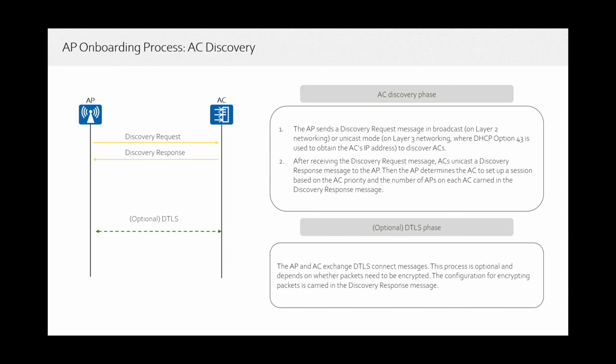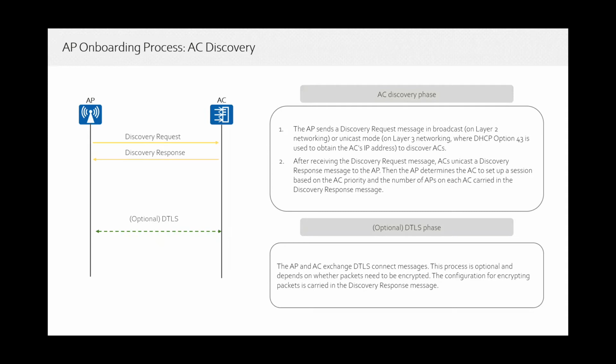After receiving the discovery request message, the AC unicasts a discovery response message to the AP, and the discovery response packet contains the AC name, AC version, and DTLS status. If the AP receives discovery response messages from multiple ACs, it selects an AC based on the AC priority and the number of APs connected to the AC.